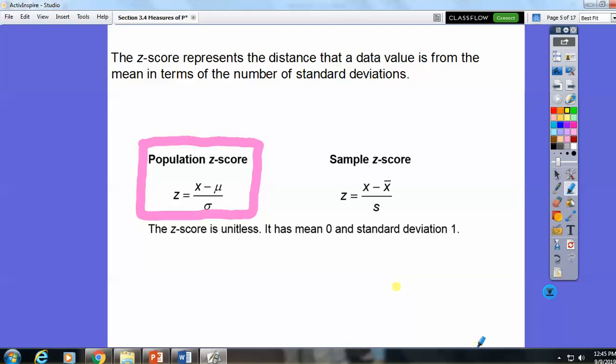So we are going to just start with an example and compare two different things.